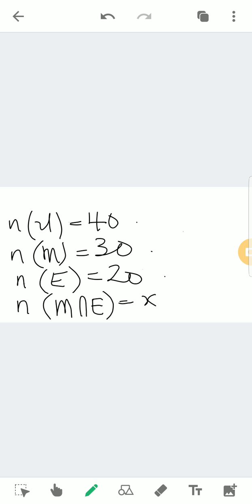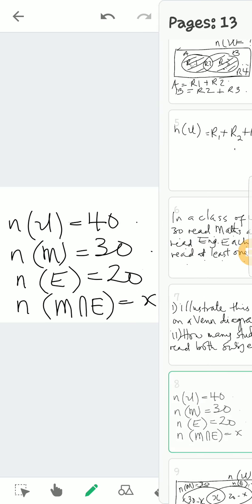Intersection means both mathematics and English. We don't know it, so we usually denote it with X. You can use A, B, C, but more popularly you see X. I hope that is clear. So before you even draw a Venn diagram, you need to show all this, and then you draw your Venn diagram.